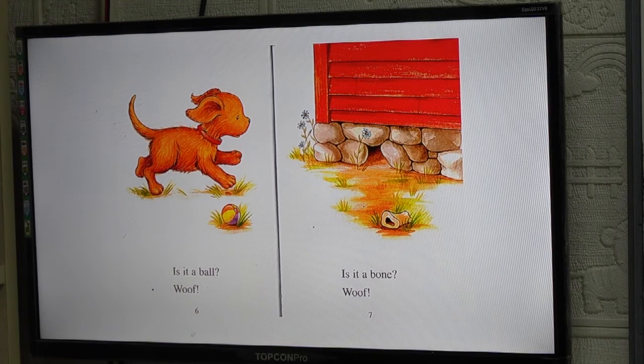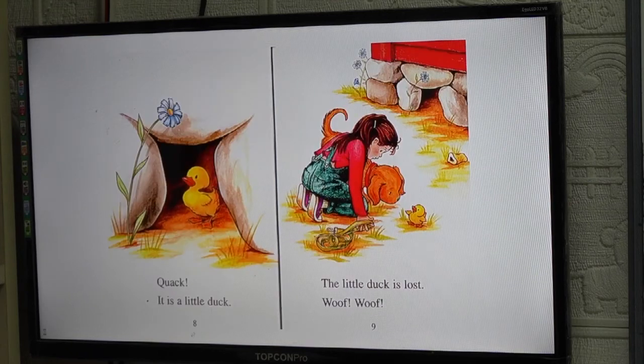Is he excited about the ball? Not really, right? He's not running towards the ball. How about the bone? Maybe. But no, he's not. He has found a little duck.